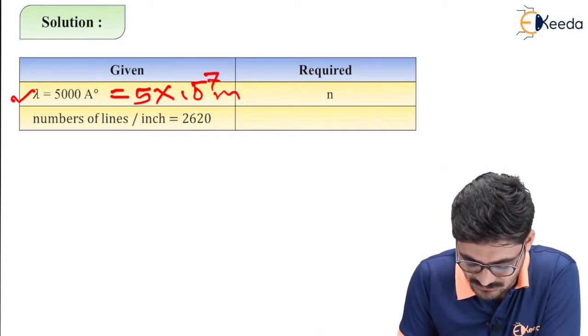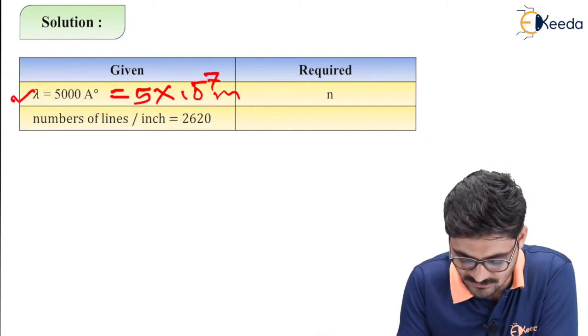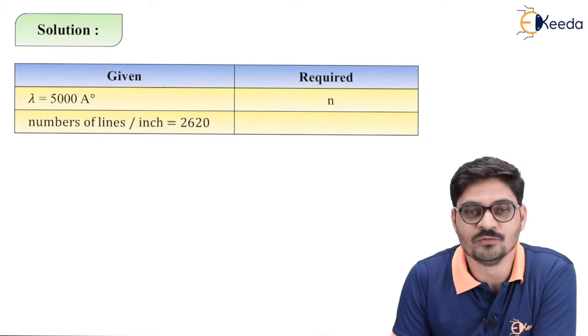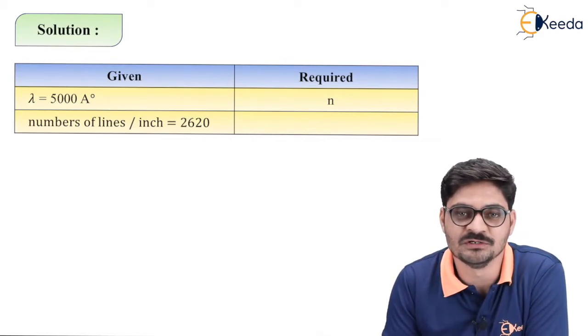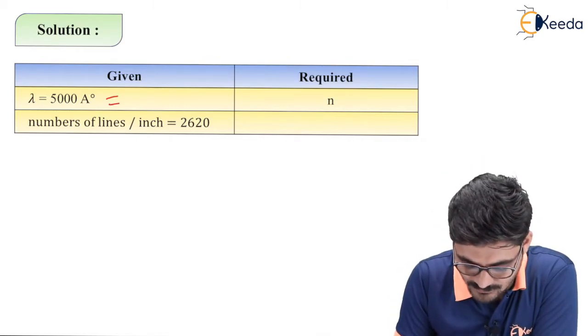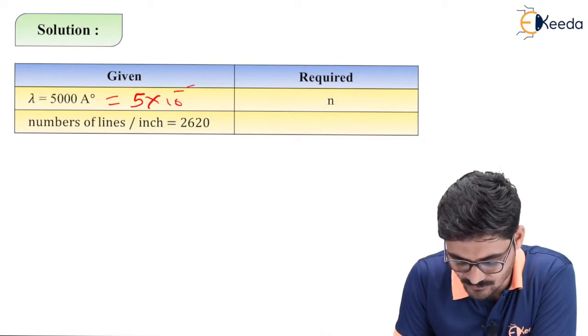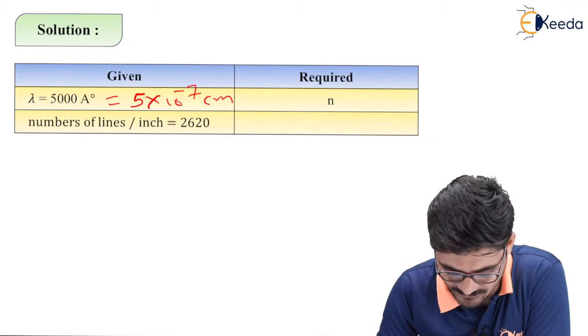So this also needs conversion: we will convert the number of lines per inch into number of lines per centimeter. So we have to convert the wavelength into centimeter because the number of lines per inch will also be converted into centimeter. So all the calculation will be in centimeter. So it is 5 into 10 raised to minus 7 centimeter.